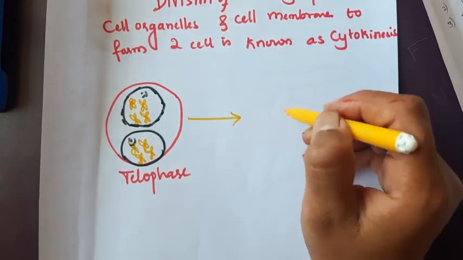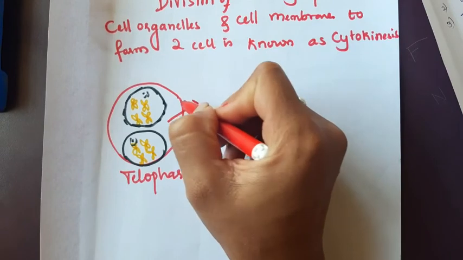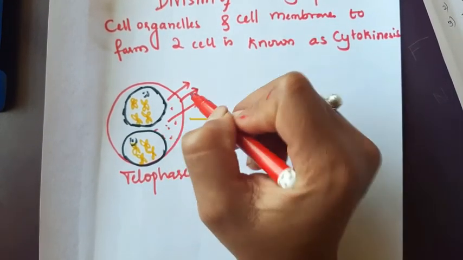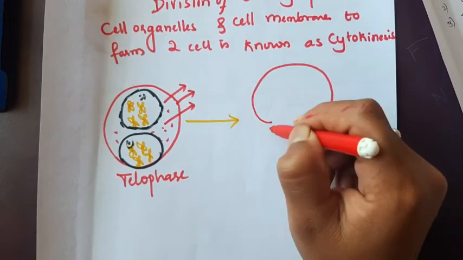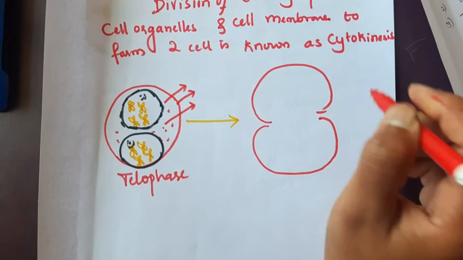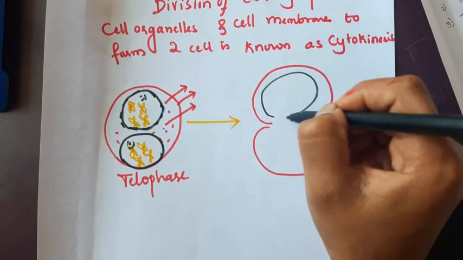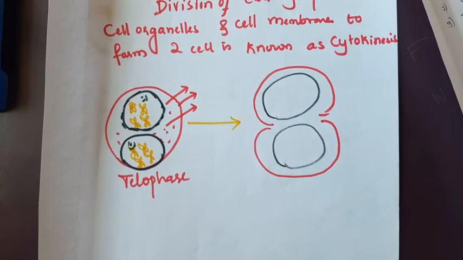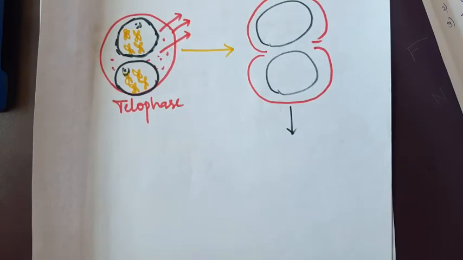Next, in case of cytokinesis, this is the cytoplasm, cell wall, plasma membrane, everything. The cytoplasm divides. In between the two there is a furrow formation and division of plasma membrane, division of cell organelles. Okay, next thing, complete separation.